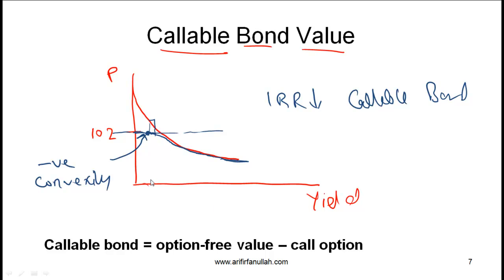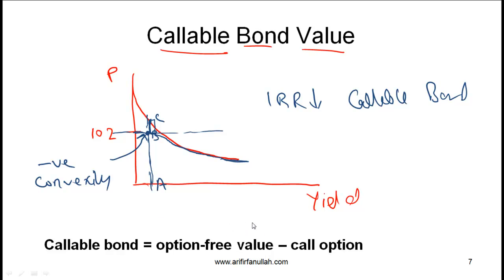So if you look at, say, this yield, then the distance from A to B is the value of the callable bond. This distance from B to C is the value of the option.